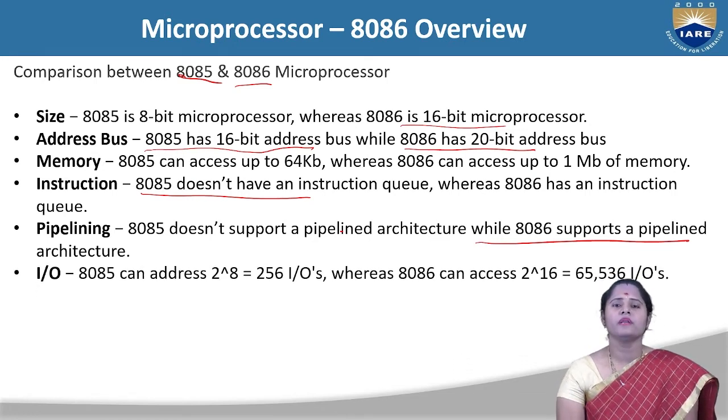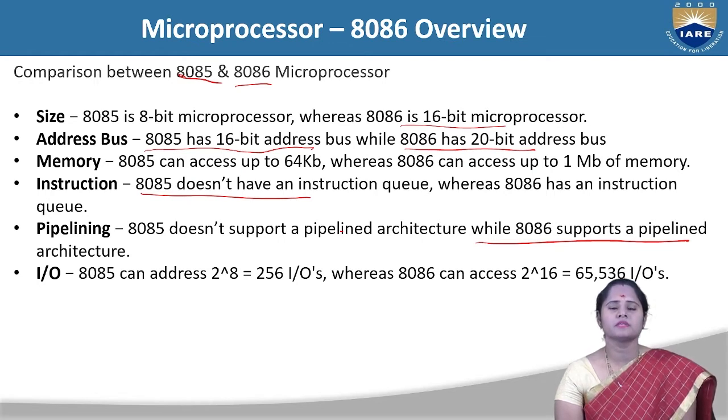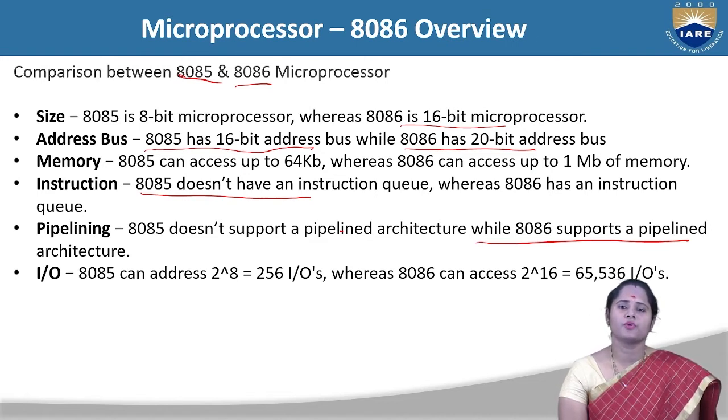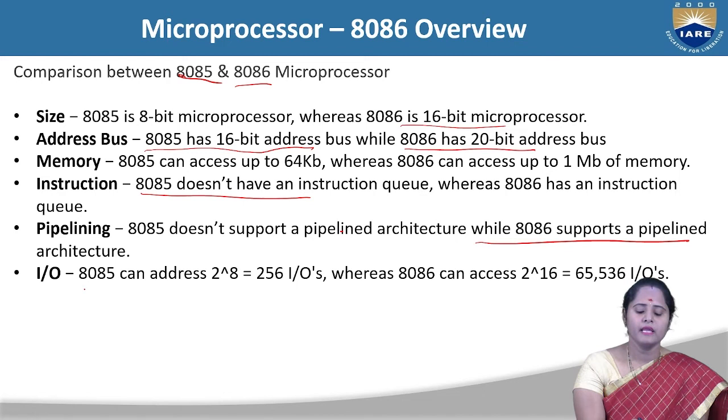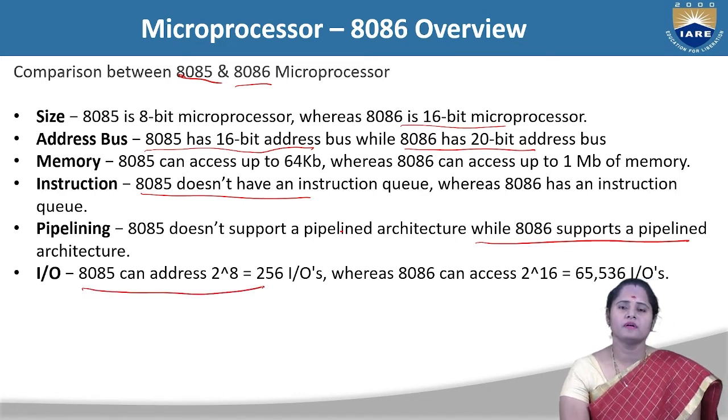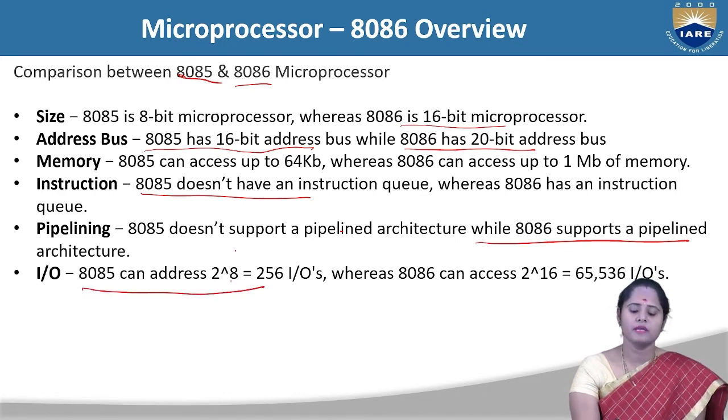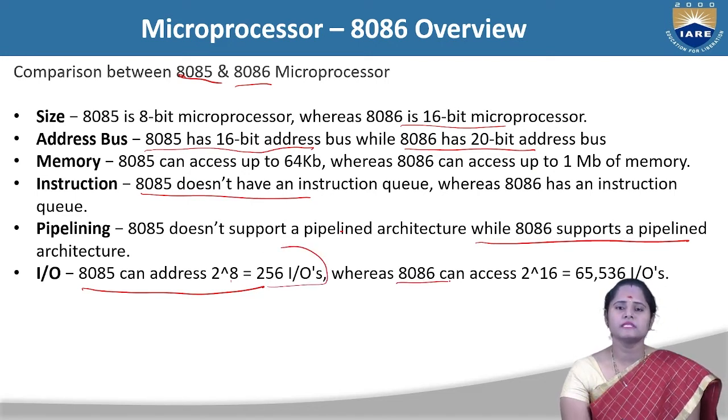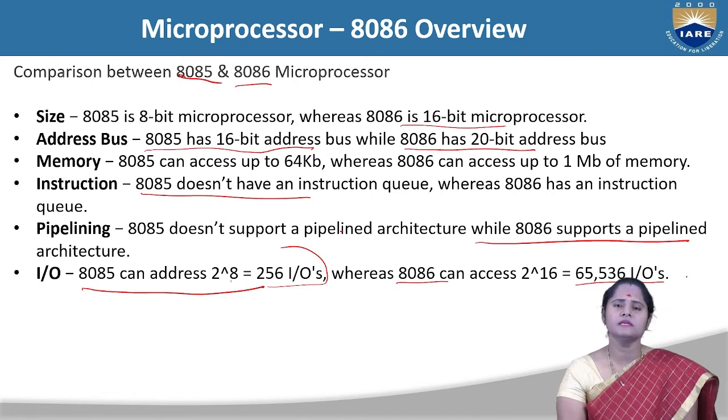Next, whenever you look at the IOs, according to the characteristics, we have input and output address ports where you can connect and communicate with external devices to the 8086 processor. In the 8085, it's an 8-bit processor, so 2 power 8 gives you 256 IO ports. Whereas the 8086 can access about 65,536 IO devices, that is 2 power 16.